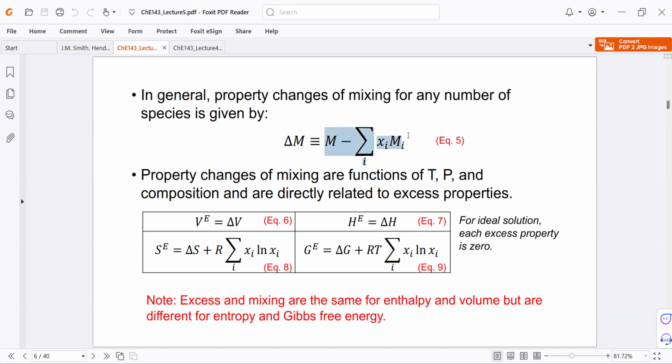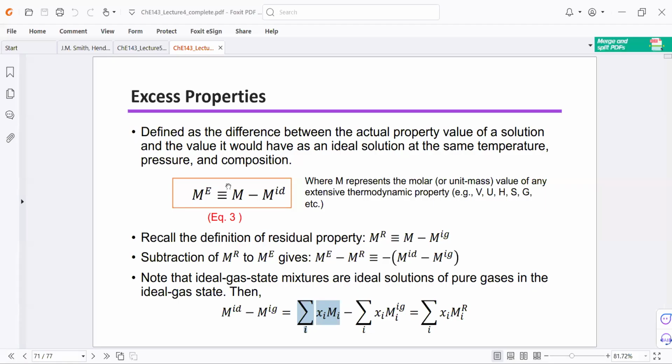But what do we notice right here? What is this form? It looks like the excess property, right? If you will remember, let me go to that slide from the previous lecture. Okay, so this is that slide.